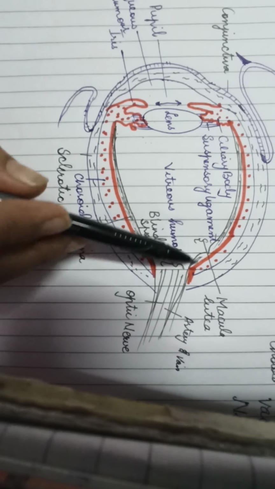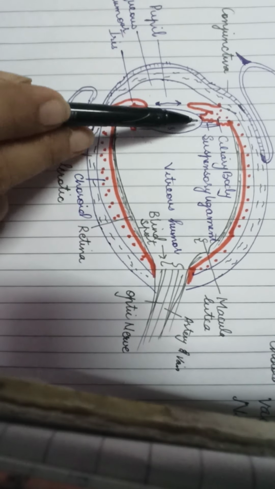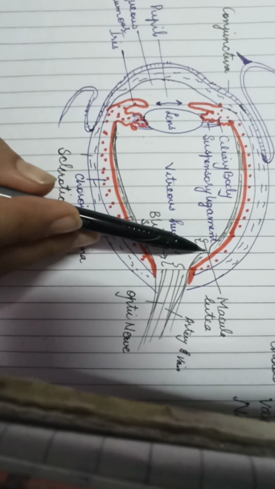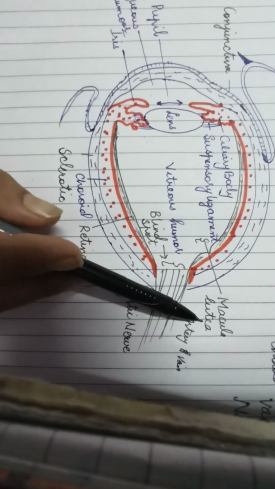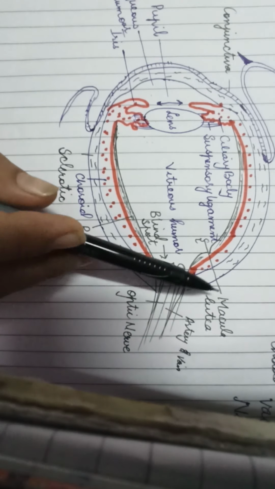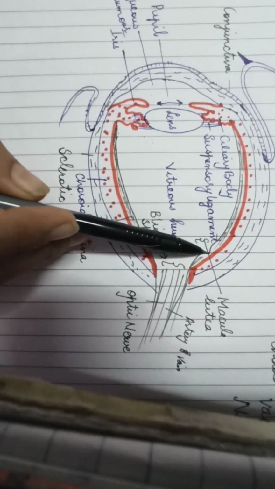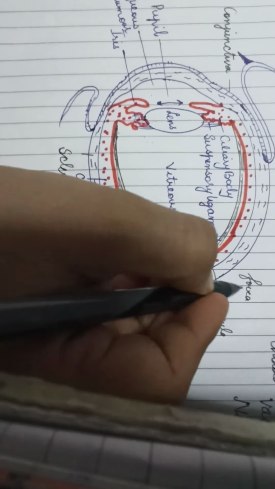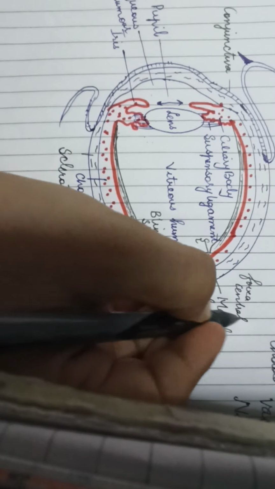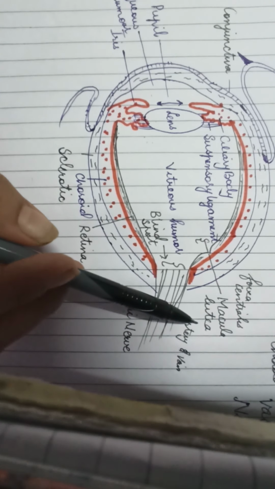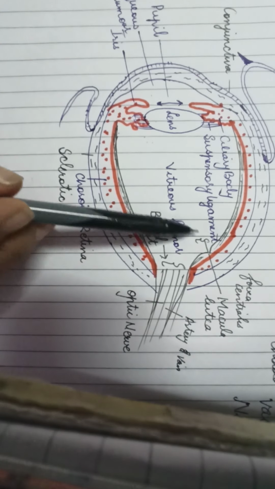And just opposite to the center of the cornea, there is a macula lutea. I have written macula lutea, or it is called the yellow spot. And at its depression, this is called the fovea centralis, and the fovea has cone cells.